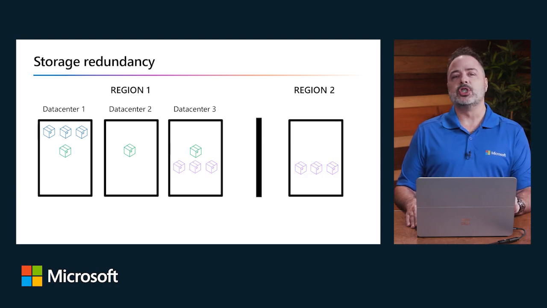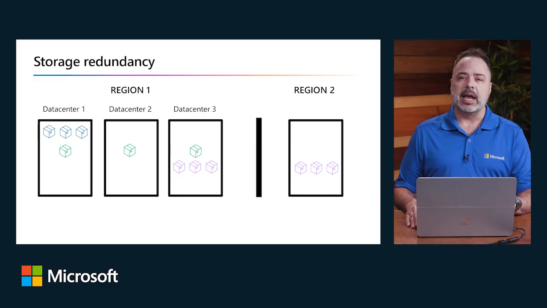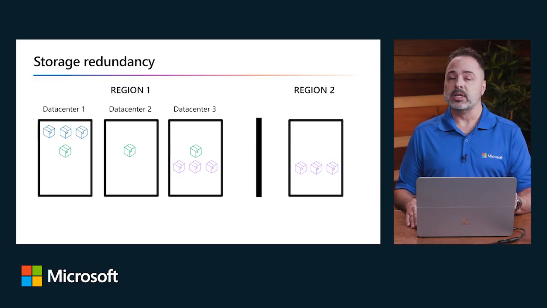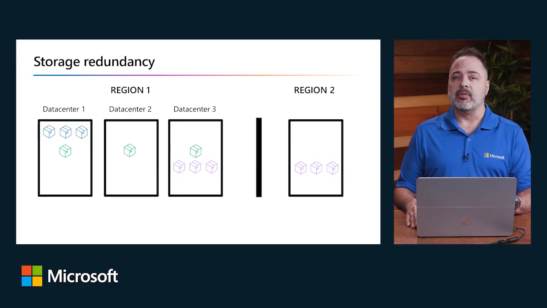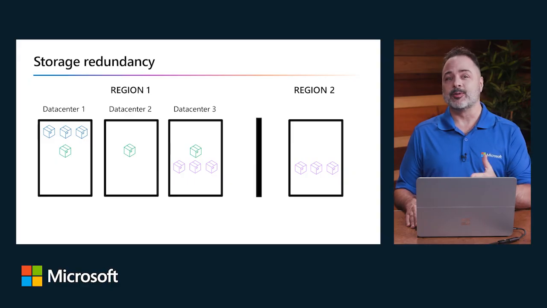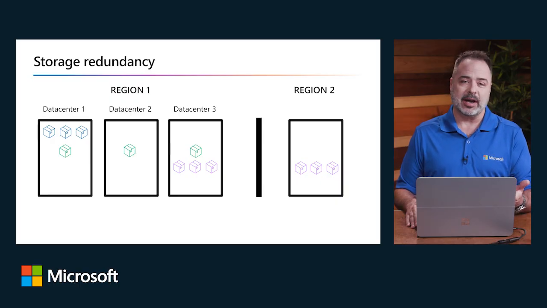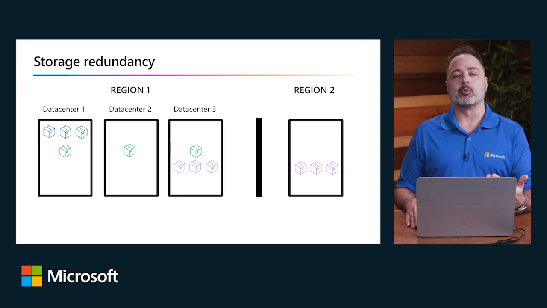Next, we have the geo-redundant example, where we have 3 copies of the data in one region, which is written to synchronously. And then we have another 3 copies of the data in a different region that is more than 300 miles or 500 kilometers away. Because of the distance, and this is really a physics issue, the data will be written to the other region asynchronously, which means there'll be a slight latency delay between the regions.